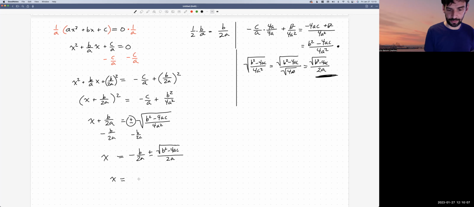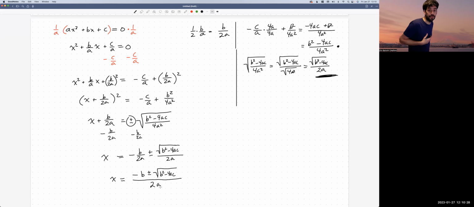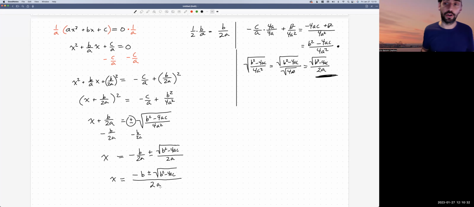They already have a common denominator. So I'm going to do all the signs in the numerator. We've got a negative b plus or minus the square root of b squared minus 4ac all over 2a, which might be a familiar formula to you. This is the formula part of the quadratic formula.